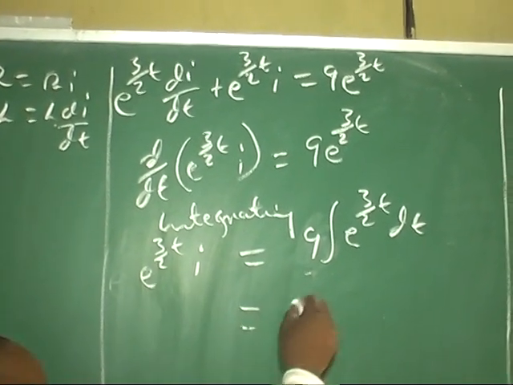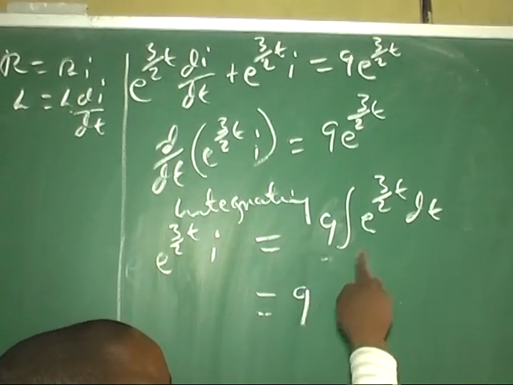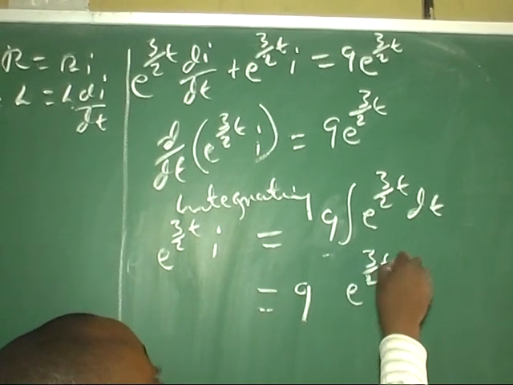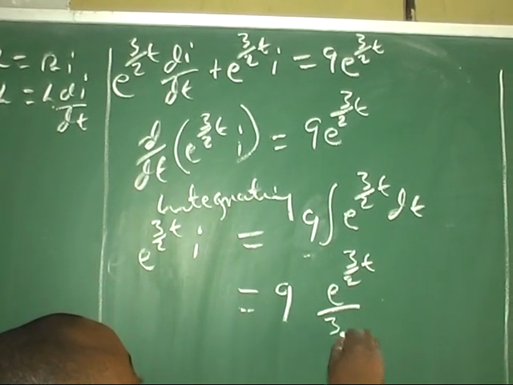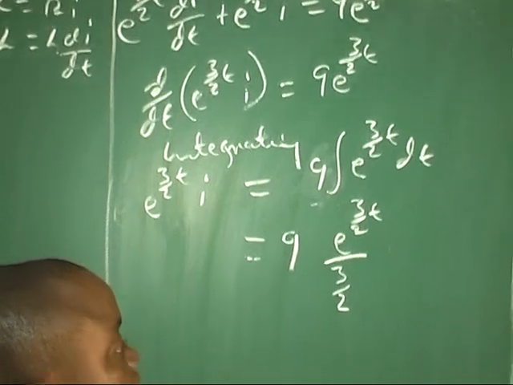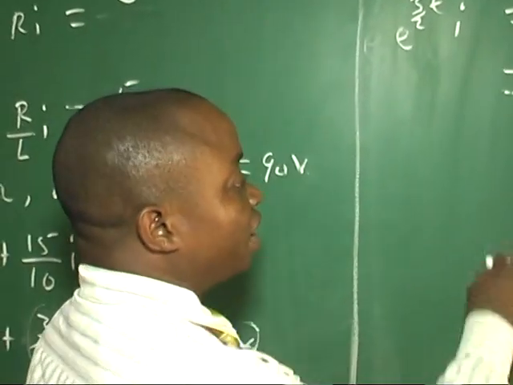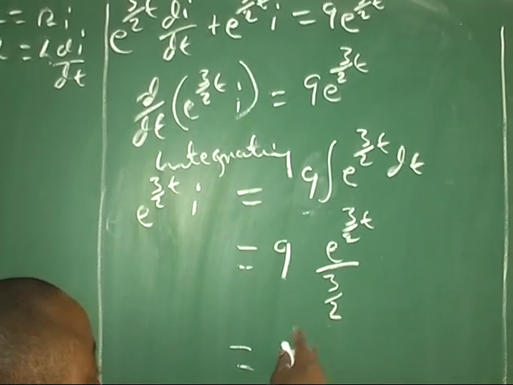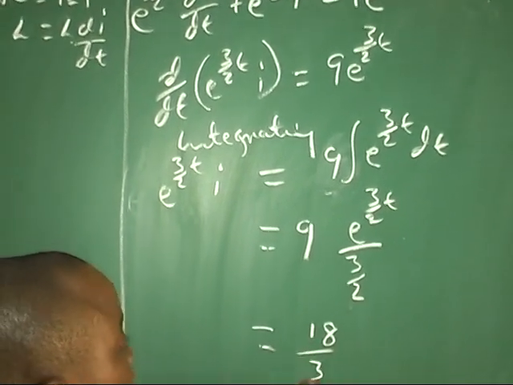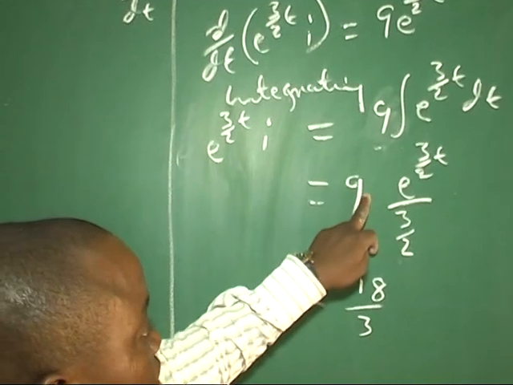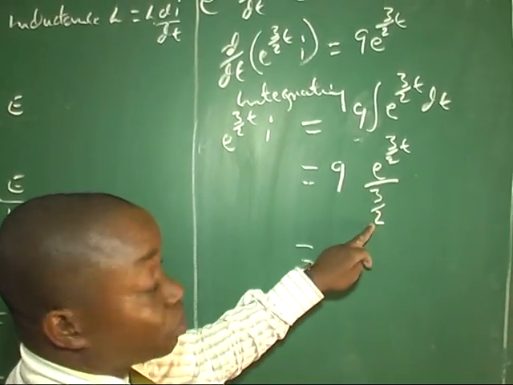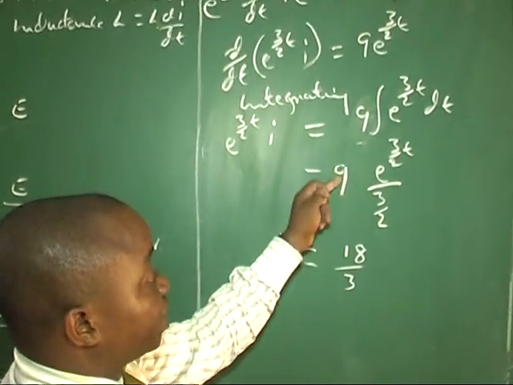If we integrate here, we have exponential 3 over 2 t all over 3 over 2. Yes, that is what we have. And then, by this, what it means is that we have 18 over 3. You know how? This is 9, 9 times this over 3 over 2. So we can use the 2 up here to have 18 over 3.